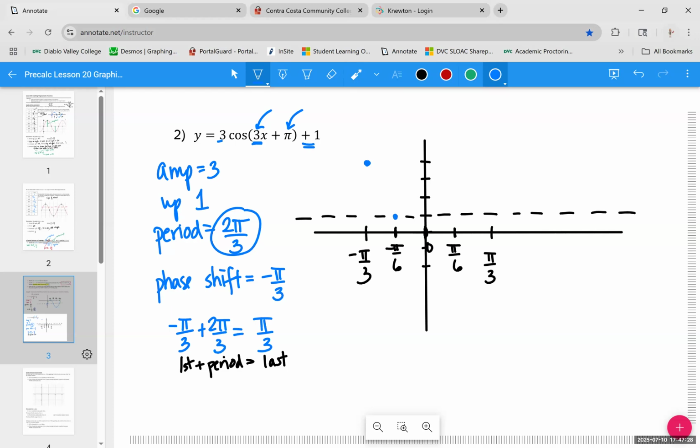At the next x point, it goes down to the bottom, back to the 0, and then it ends up at the top again. So this curve is looking something like this. Okay. All right, so that's graphing translations of sine and cosine.